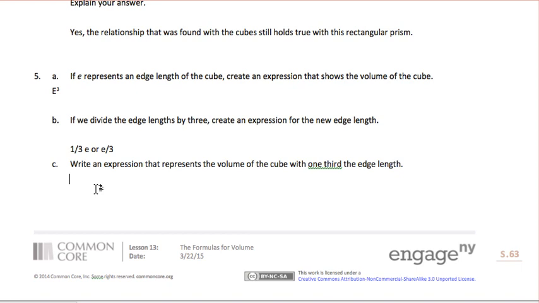And so the volume of the cube with 1/3 the edge length then would be 1/3 E to the 3rd power, or E divided by 3 to the 3rd power.